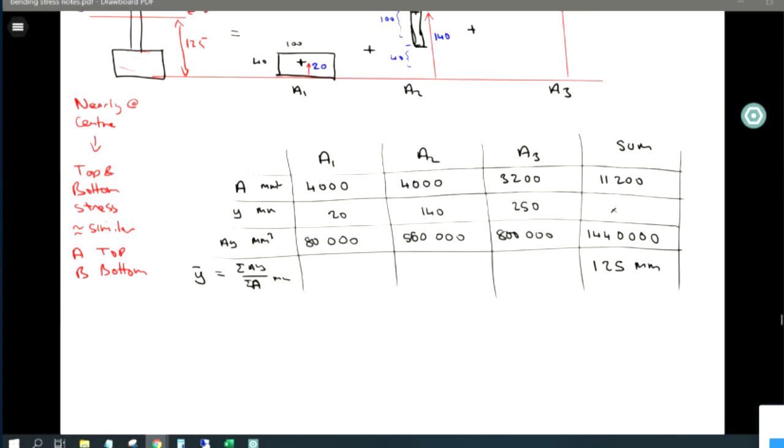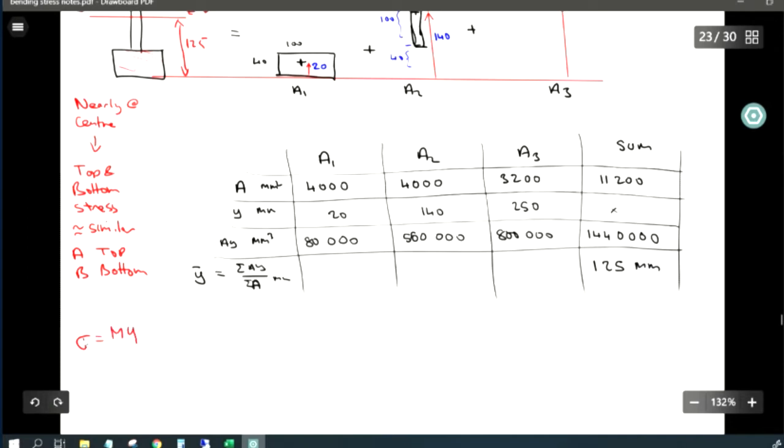So let's just remind ourselves that stress is equal to My over I. So the I value is constant. The bending moment at some point we'll say is fixed.